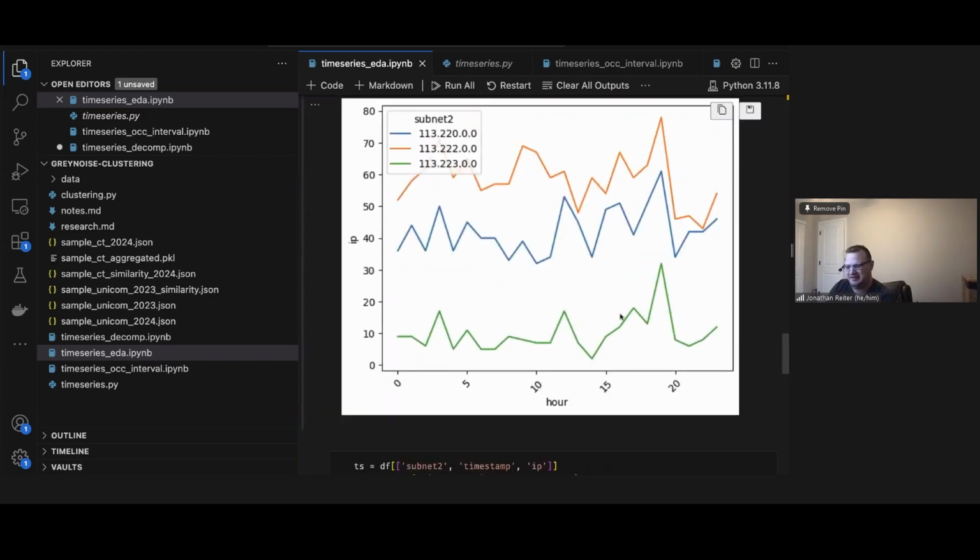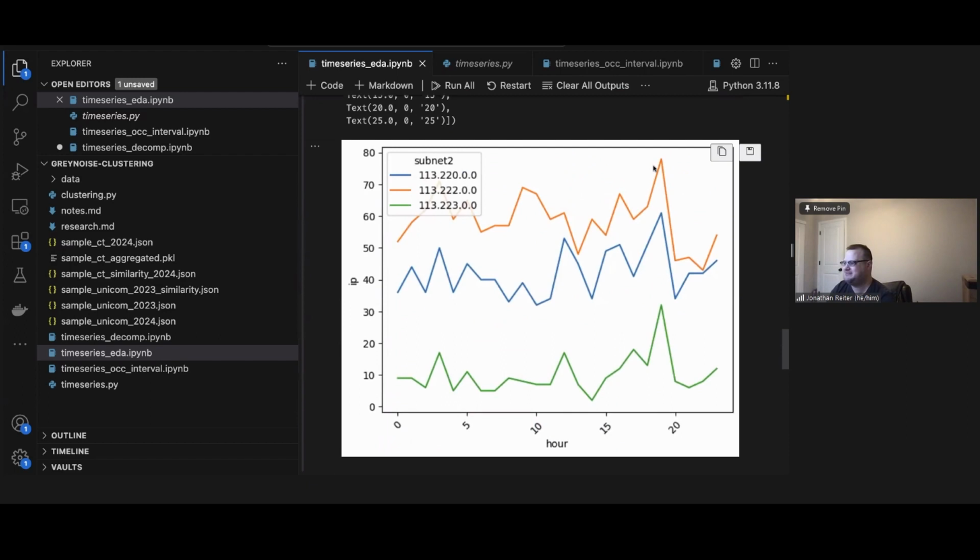So my working theory of what standardizes behavior across these subnets is probably cron jobs. You'll notice I pulled out 221, but if you look at 221, which dwarfs everything else, it's around the same area.